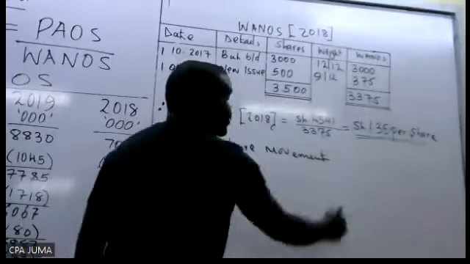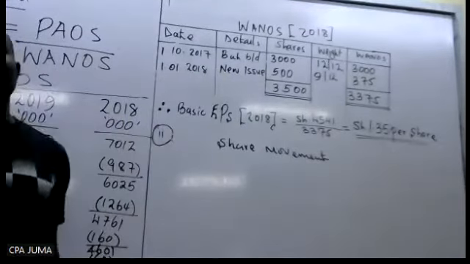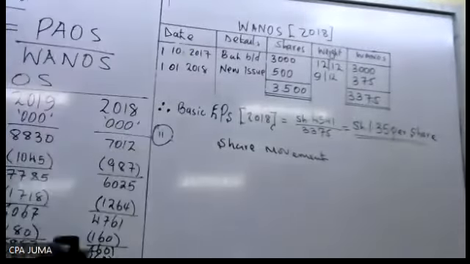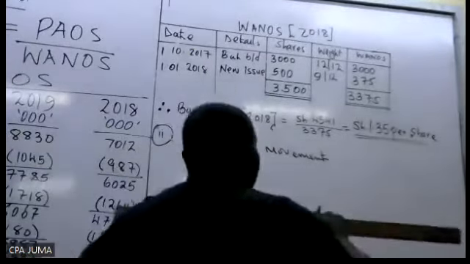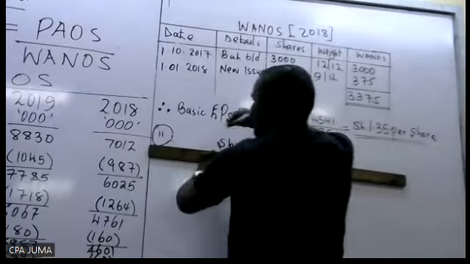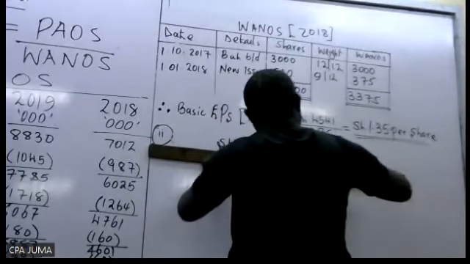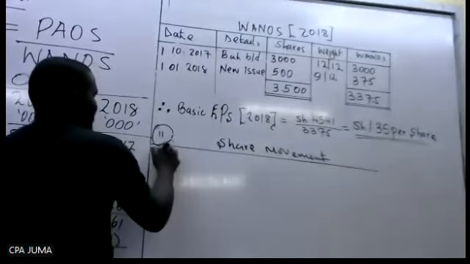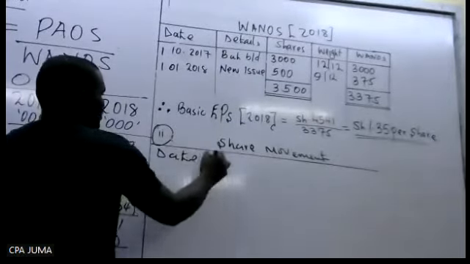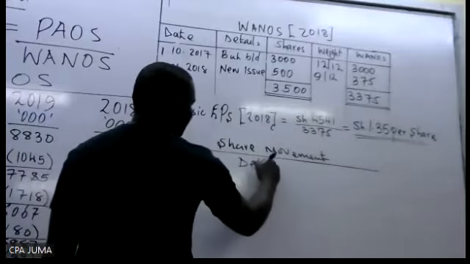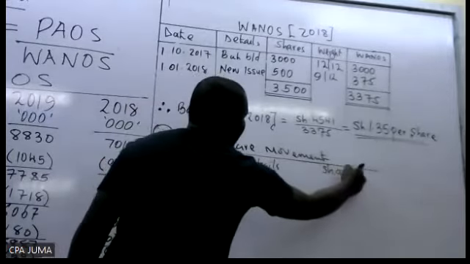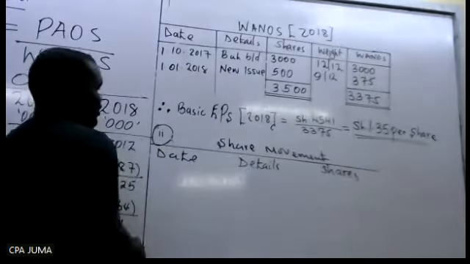When there is a rights issue, you cannot weigh them one-off because of the theoretical exercise price. The exercise price will have to come into the picture. So you start with share movement. For share movement, you just get details and shares.